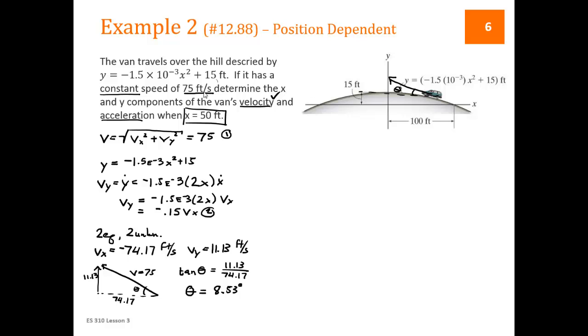Since that's the direction that the 75 feet per second is constant in. So we then know that the acceleration in that direction at theta 8.53 is going to be 0.